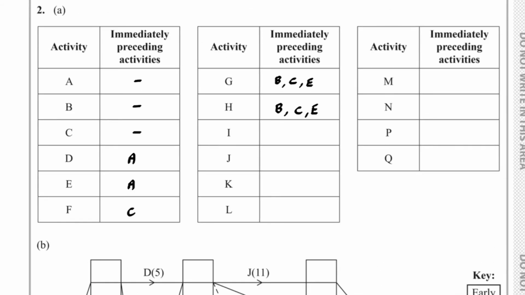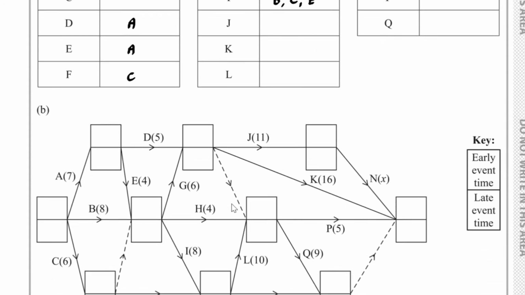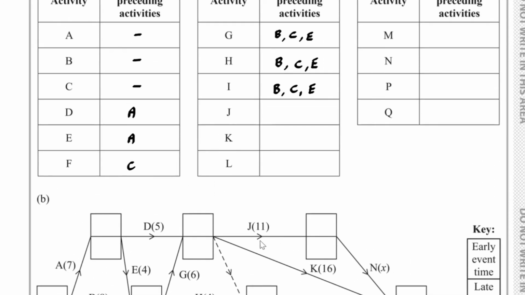So activity I depends on B, C, and E. If I take a look at activity J, that depends on D, and it also depends on G.